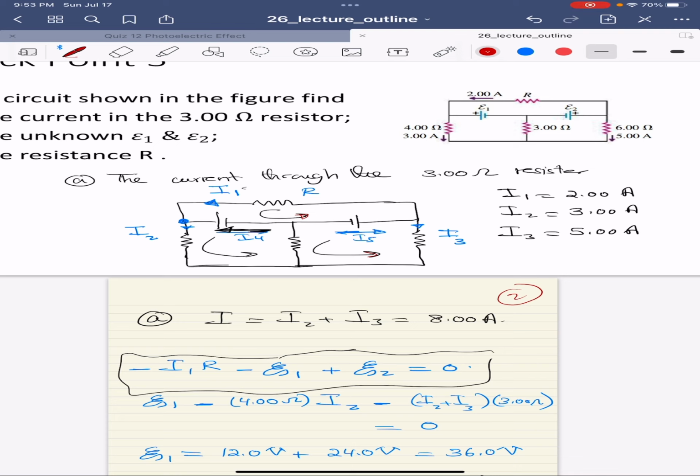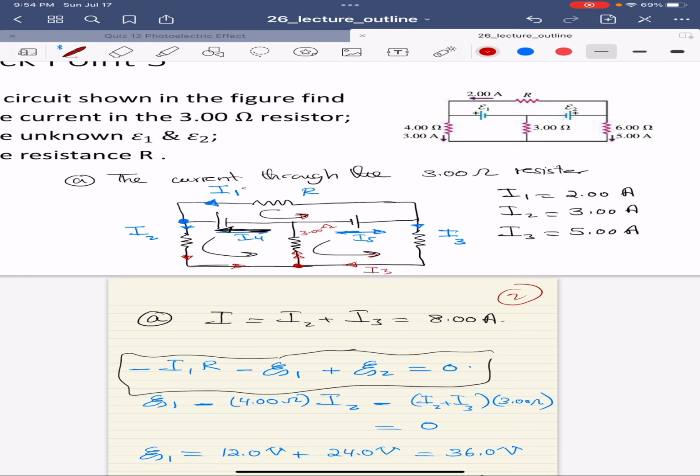I know that the current I3 is going to continue here, and then when it reaches this junction it goes here, and I2 is also going in that direction. Therefore, when it comes here, the currents add up, and this is really the 3 ohm resistor.